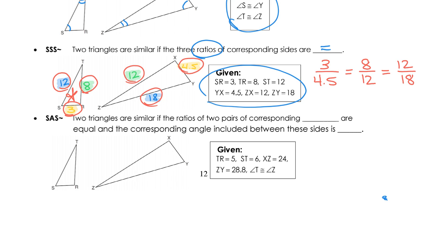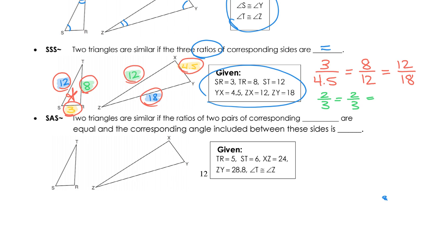Okay. All right. All we're going to do now is take our calculator and enter in our 3 fractions. So we're going to do 3 divided by 4.5. Okay. 3 divided by 4.5 gives us 0.6 repeating, which is 2/3. Okay. And then we're going to type in 8 divided by 12. It's the same 0.6 repeating, or 2/3.